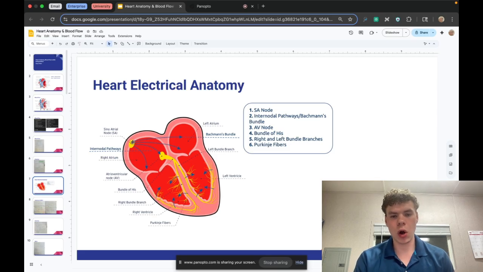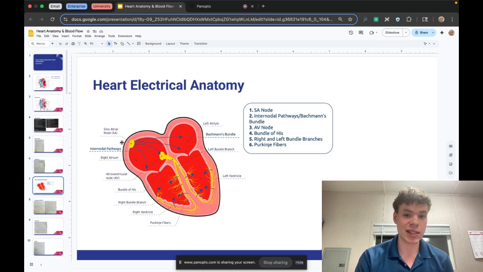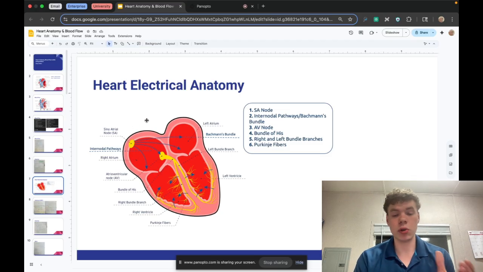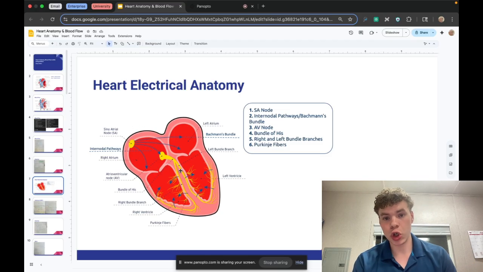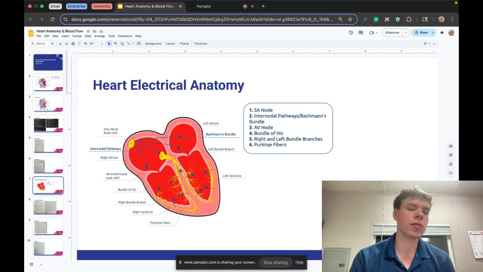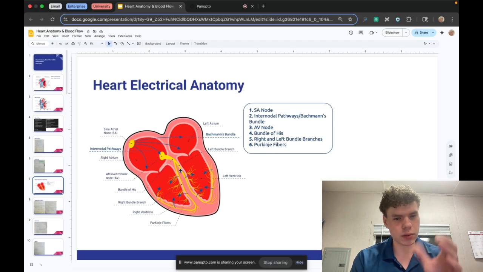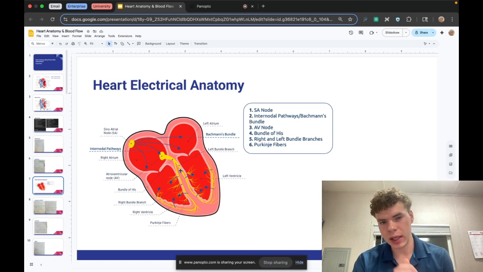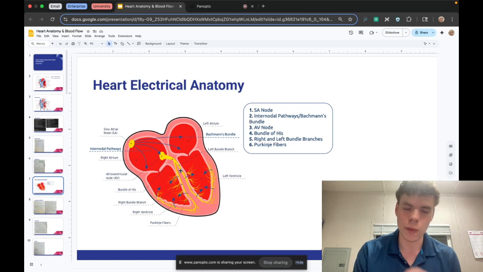So if your heartbeat is too slow, so say if you normally beat at 60 beats per minute, but then you're only beating 20 beats per minute, you're not getting the same cardiac output as you're used to. Your heart isn't pumping as much blood that your body needs to perfuse your organs. So that's another thing to just put a pin in to think about, right? Of why having a too low heartbeat can be dangerous. Well, also having a very high heartbeat can be dangerous as well. And we'll get into that in a second.